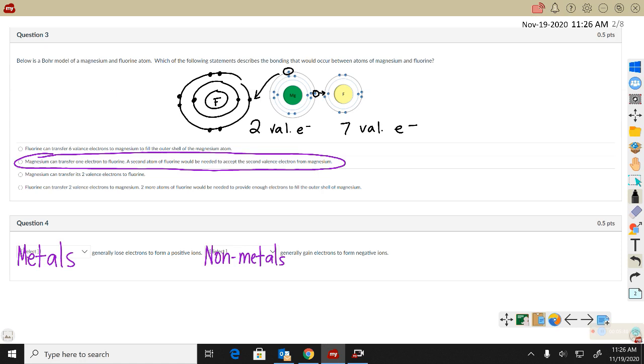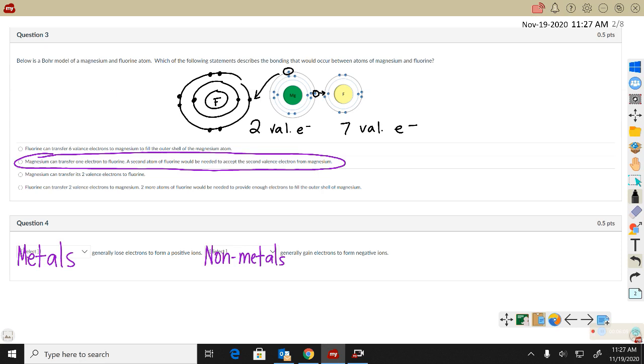Now, in general, it's the metals that will lose electrons. The metals already have like 1, 2, 3 valence electrons, so it's easier for them to lose a few to obtain a full outer shell. The nonmetals generally gain electrons. Nonmetals usually already have 5, 6, 7 valence electrons, and so they're in the business of gaining a few.